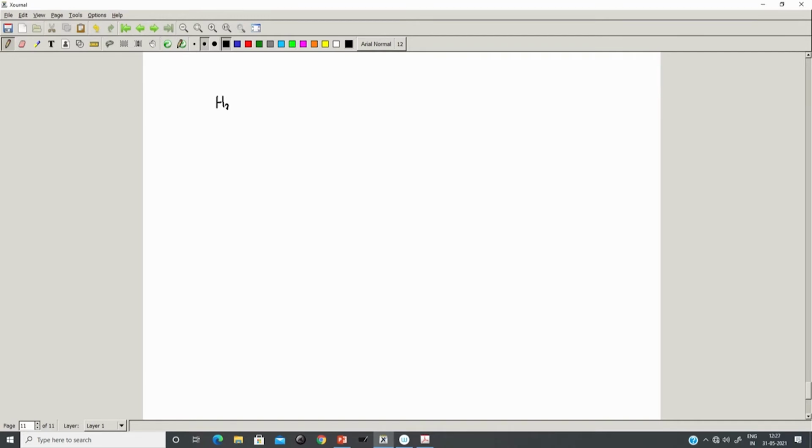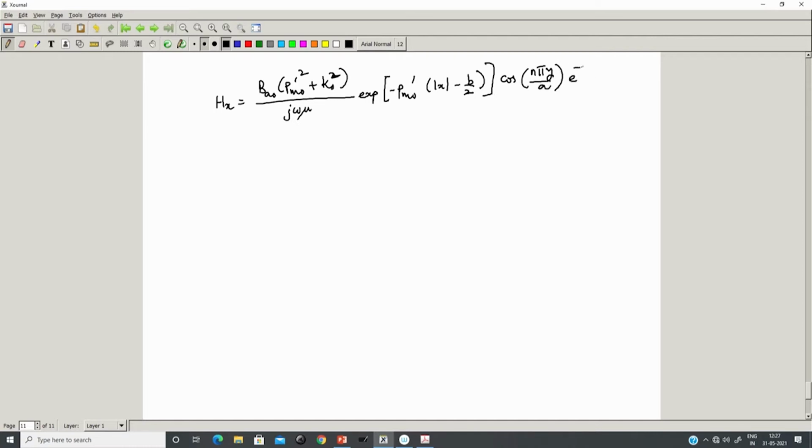Now, H x will be B A O p m o prime square plus k naught square by j omega mu exponential minus p m o prime mod x minus b by 2 cos n pi y by a e power minus j k z o prime z.